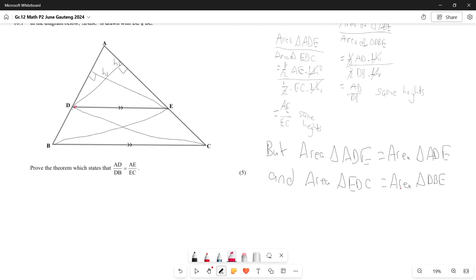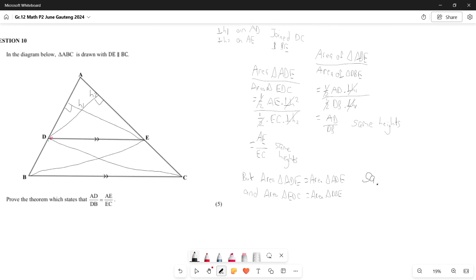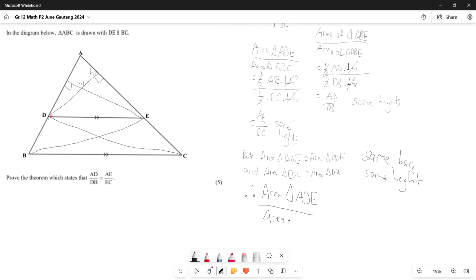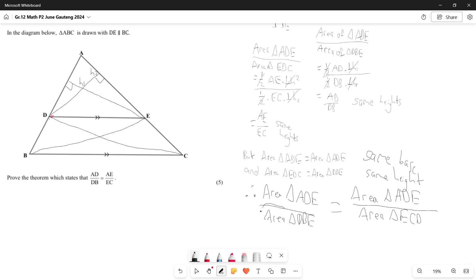So we just have to go ahead and write same base and same height, and therefore we have area of triangle ADE over area of triangle DBE equals area of triangle ADE over area of triangle ECD. And because this one is the same as this one, it's like we're saying that they're both over 1.